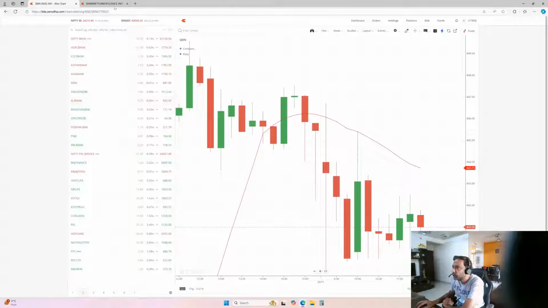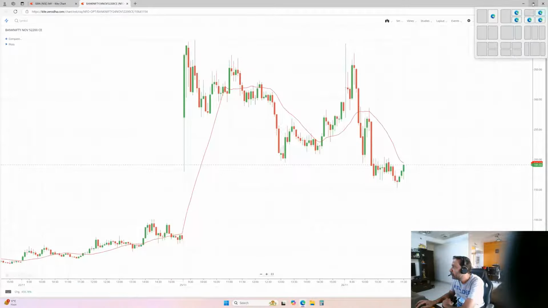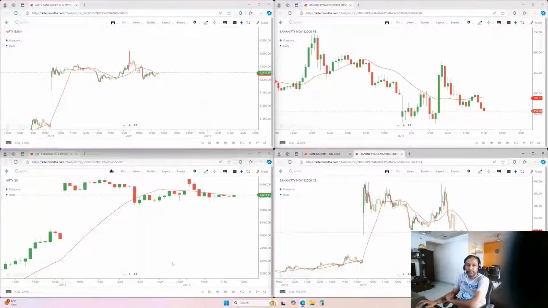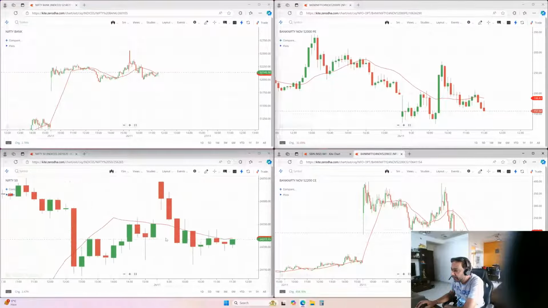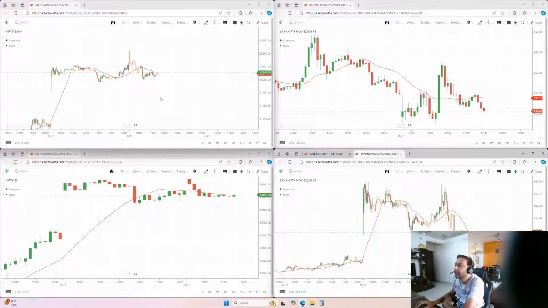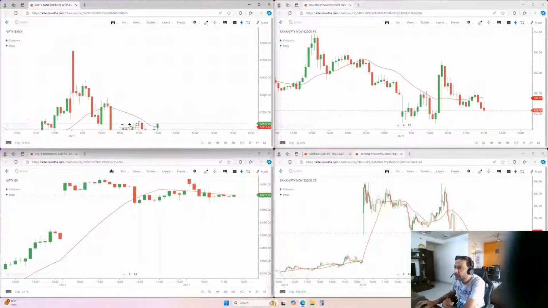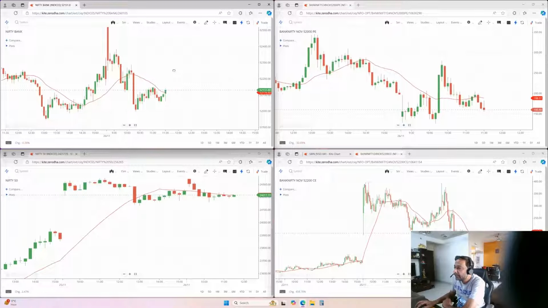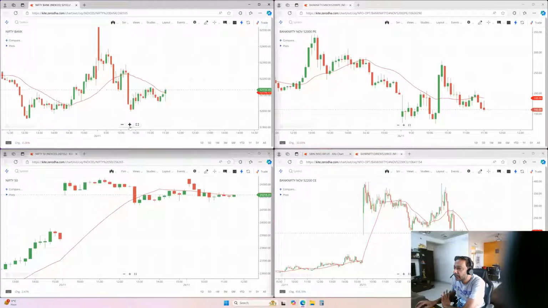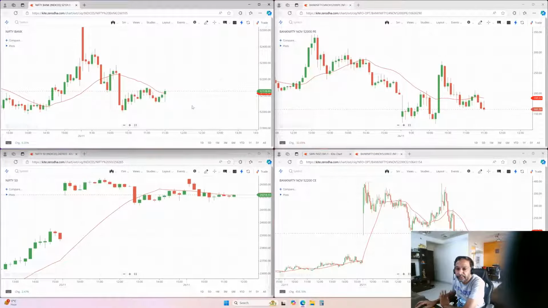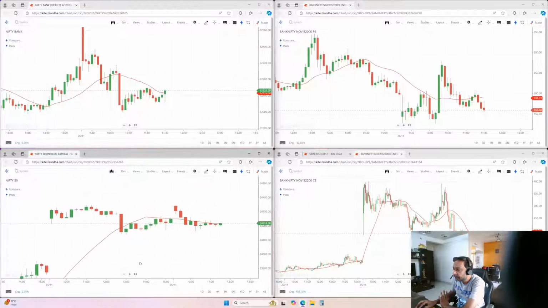Now let's move back to our Bank Nifty chart, Bank Nifty and Nifty. Why I'm keeping Nifty is because many times, if we want to plan a trade in Bank Nifty, and Nifty is going down or moving in the opposite direction, we should avoid that trade or that direction.